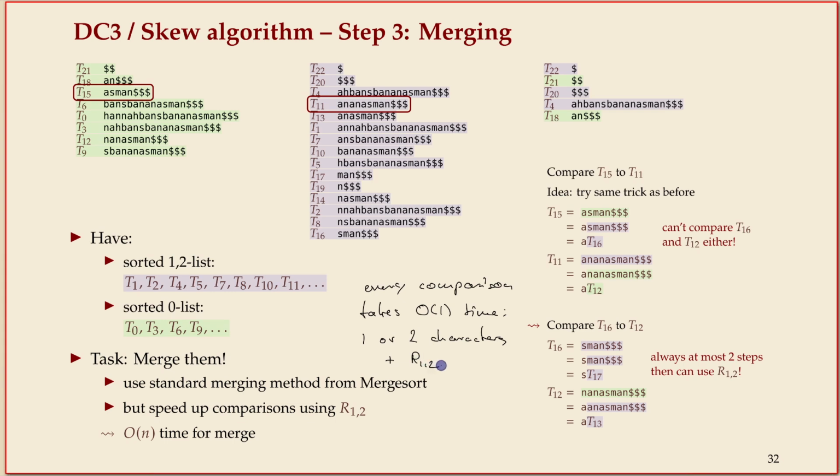By checking whether your starting index of the 1 is modulo 3 a 1 or a 2, you can determine whether you have to check 1 or 2 characters. And if they're the same, then you have to compare what R12 gives you, but then you've resolved the comparison. If every comparison takes constant time, then the overall merging algorithm takes time linear in the size of the output. That's the same analysis as we've looked at in Unit 3. So with that, we could actually do the merging in linear time too.